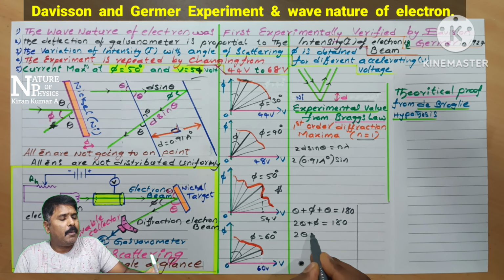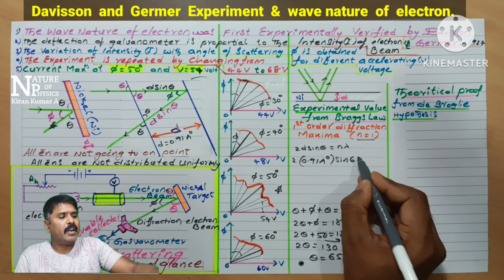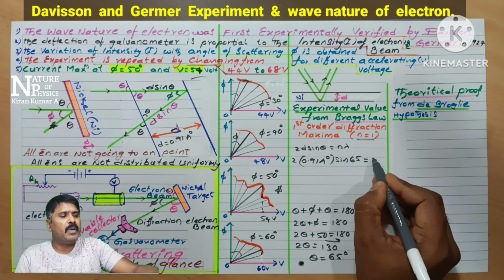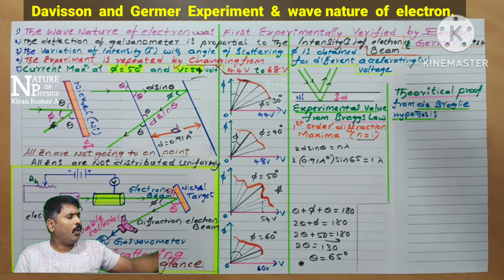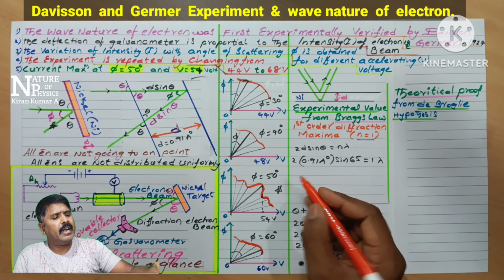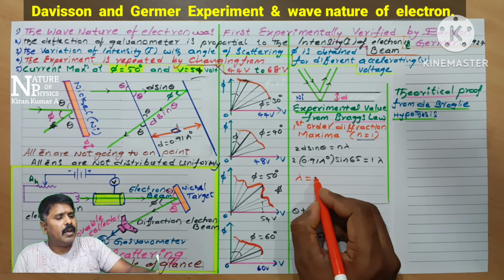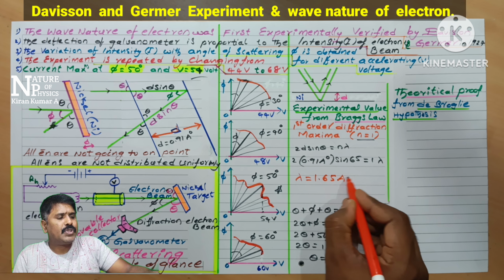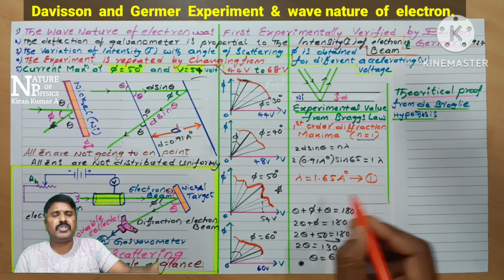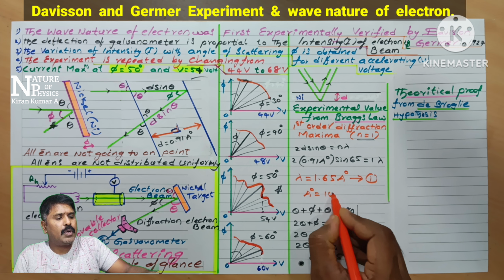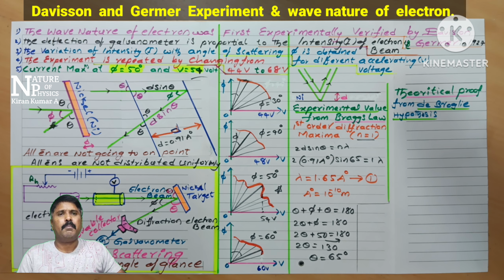Experimentally we got phi as 50 degrees, so 2 theta is equal to 180 minus 50, which is 130, student. So I got theta value as 65 degrees, student. Now I can replace theta with 65, with n equal to 1, lambda, student. After solving this we will get the lambda value as 1.65 angstrom, student. I can write this as equation number 1. One angstrom is equal to 10 to the power of minus 10 meter, student.